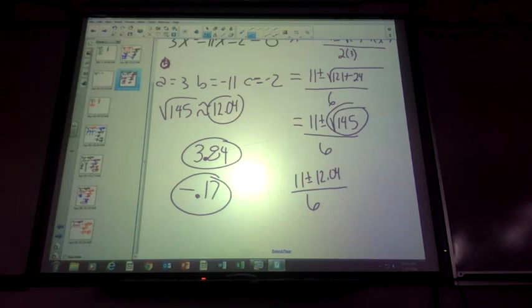There's our approximate answers. So when should you do this and when should you keep it as a radical? Follow the instructions: if they say do this as a radical, or do this as a decimal.